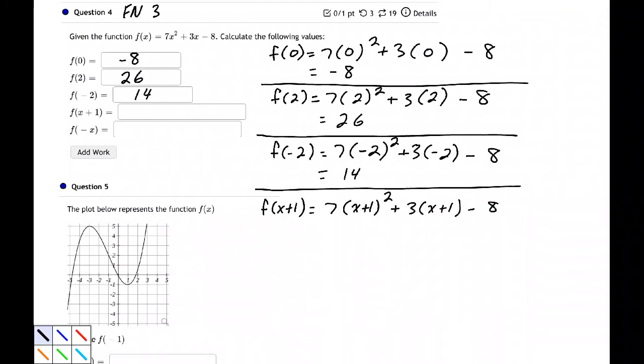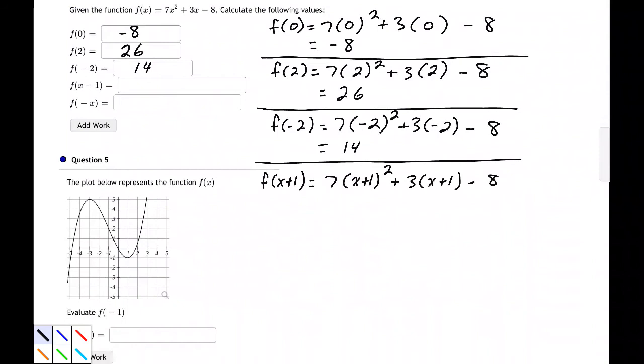Now first I would like to simplify the x plus 1 squared. If you remember, x plus 1 squared means x plus 1 multiplied by x plus 1. Two different quantities there. And then we're going to include the 7. So 7 times x plus 1 times x plus 1 plus 3 times x plus 1 minus 8.